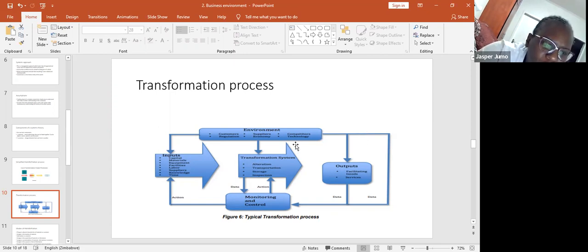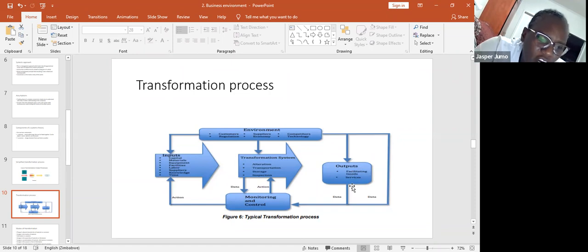And then you put all that information through the transformation system, where you are either altering, transporting, storage, or inspection. All those are methods of transformation before you get to the outputs. Now, when you get to the outputs, you can see there's an arrow coming from the outputs.